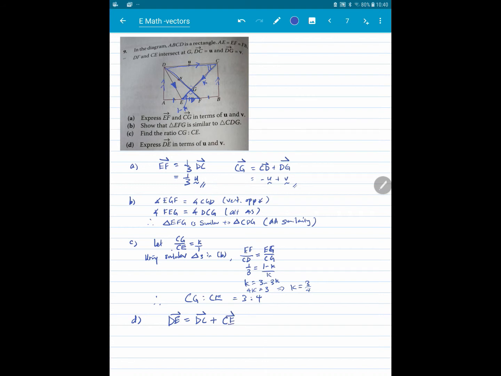In the first instance, my DC is already known. My DC is in fact U.